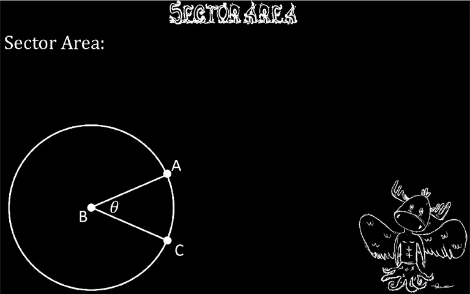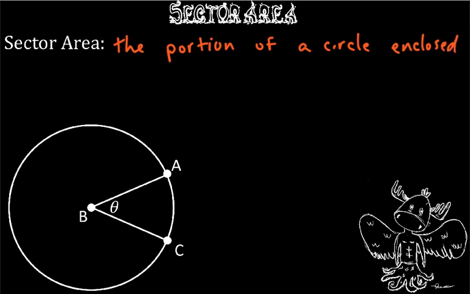So the definition here is the portion of a circle enclosed by two radii and an arc.